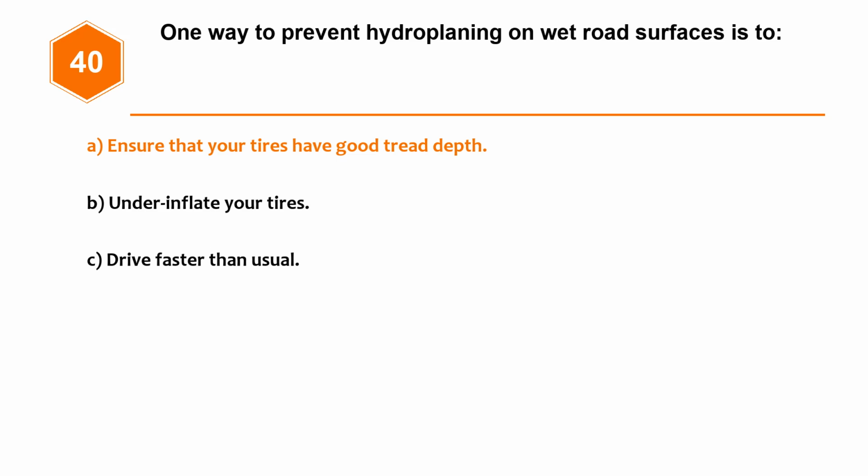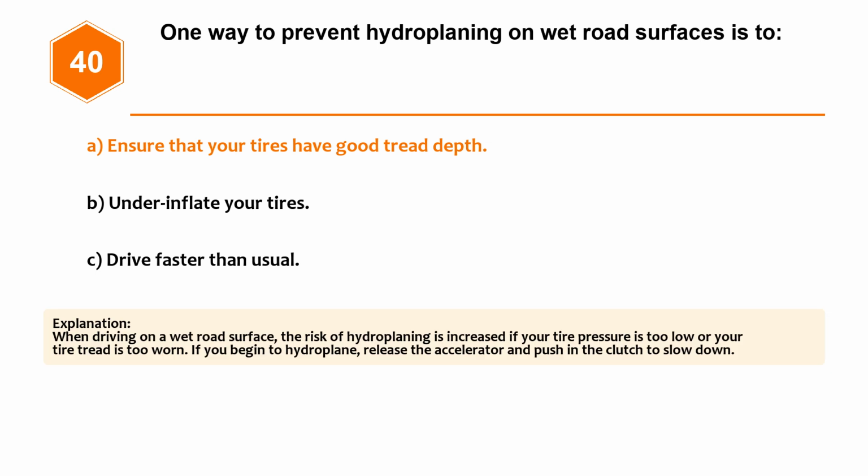The correct answer is option A. Ensure that your tires have good tread depth. Explanation. When driving on a wet road surface, the risk of hydroplaning is increased if your tire pressure is too low or your tire tread is too worn. If you begin to hydroplane, release the accelerator and push in the clutch to slow down.